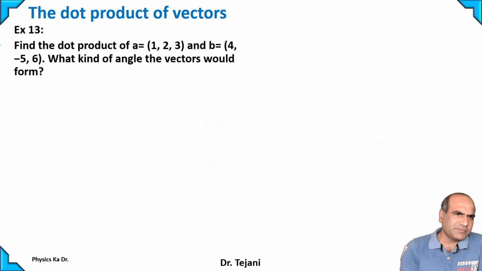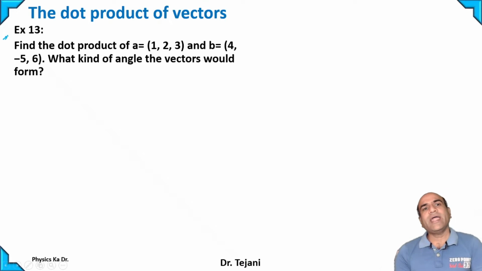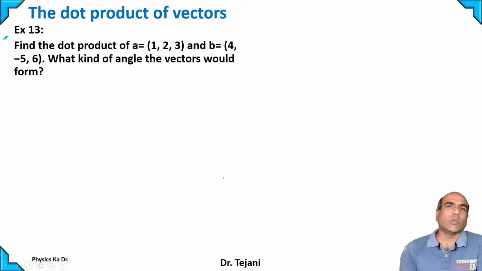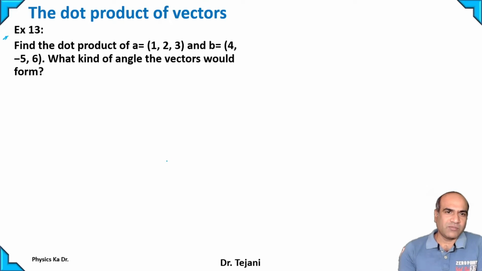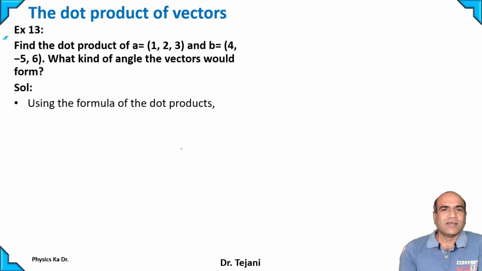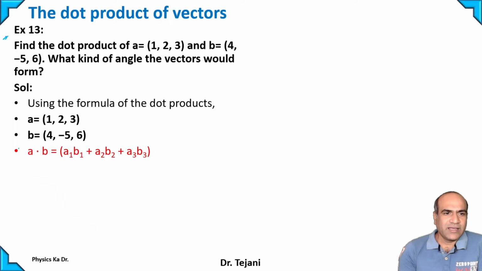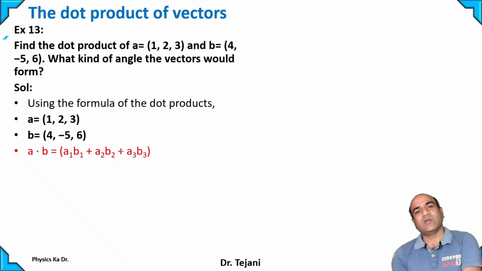Let's solve an example. Find the dot product of a equal to 1, 2, 3 and b equal to 4, minus 5, 6. And what kind of angle would the vectors form? Let's see. So the formula of the dot product, we know that a is 1, 2, 3, b is 4, minus 5 and 6. The dot product is a1 b1 plus a2 b2 plus a3 b3.